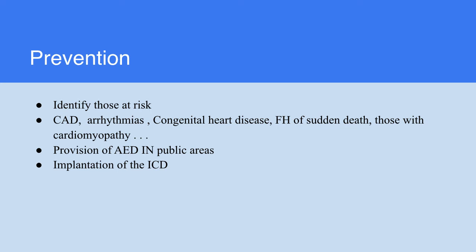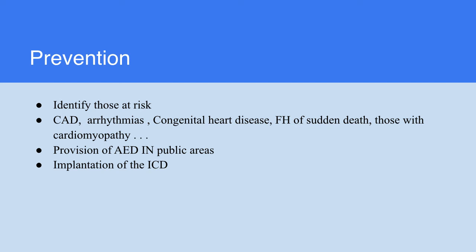How do we prevent? We prevent by identifying patients at high risk of developing those serious arrhythmias, those patients with coronary artery disease, congenital heart disease, cardiomyopathies, those with family history of sudden death.